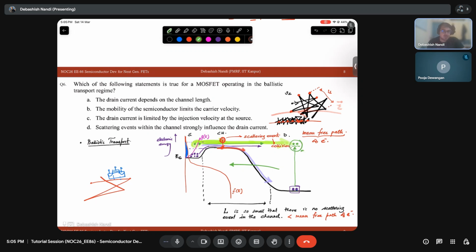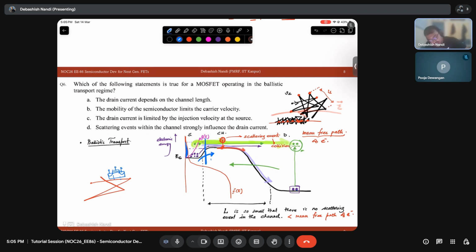Now, what will it depend on? Everything about the current in ballistic transport will depend on the injection velocity at this level. Always remember that in MOSFETs, the source-channel junction is the main bottleneck of transport.